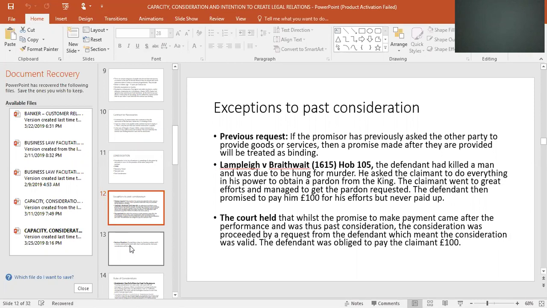Previous request. If you happen to be a businessman, and you had an agreement with somebody some time ago, or let's say you requested something some time ago, and then the thing delayed, it came at a time when you were almost through with whatever you needed.